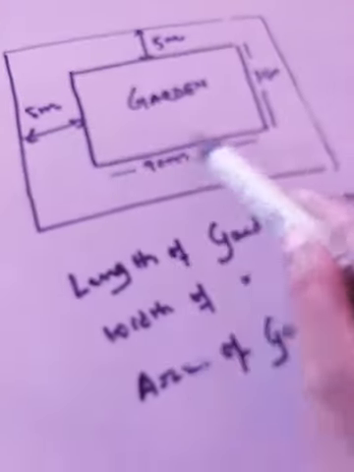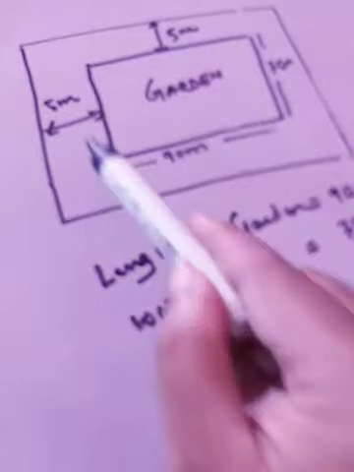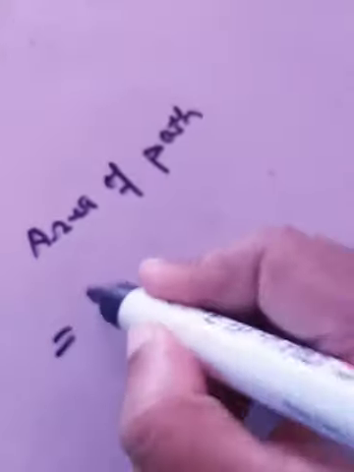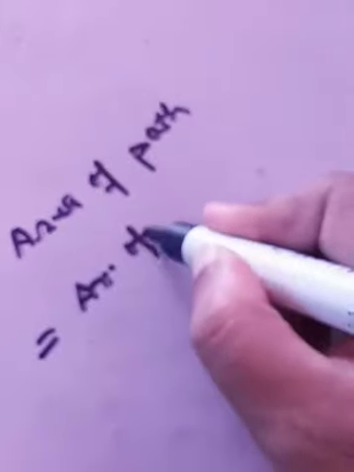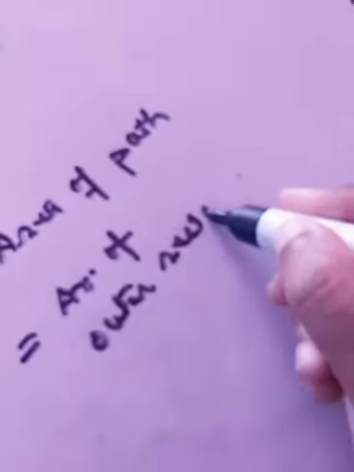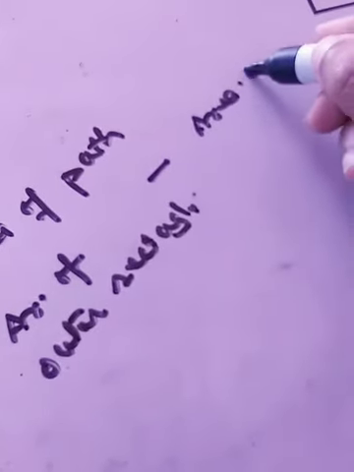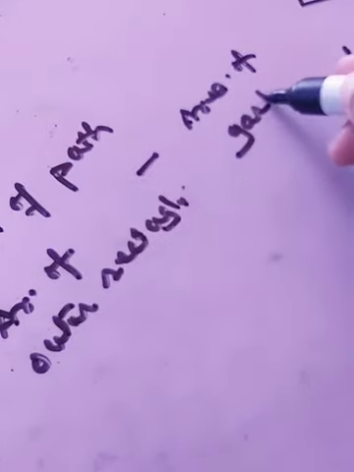We also know the area of the inner rectangle, that is the garden. So how to get the area of the path? So area of the path is equivalent to area of the outer rectangle minus area of the garden.